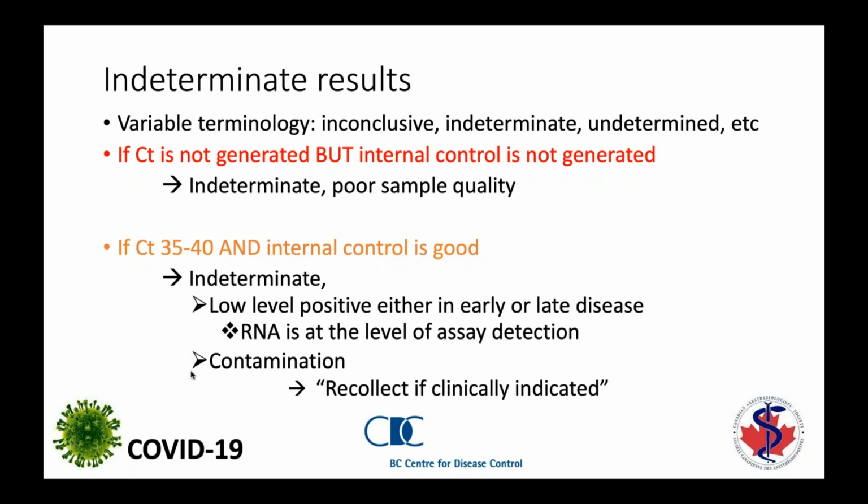This quality assurance should be evaluated, but as is life, things do fall through the cracks. Anyways, regardless, with a result of a CT between 35 and 40 and an internal control that is good, we report as indeterminate, possible low-level positive or contamination, recollect if clinically indicated. And that means if the result would change patient care management or public health action, then we would recommend that a sample be recollected.